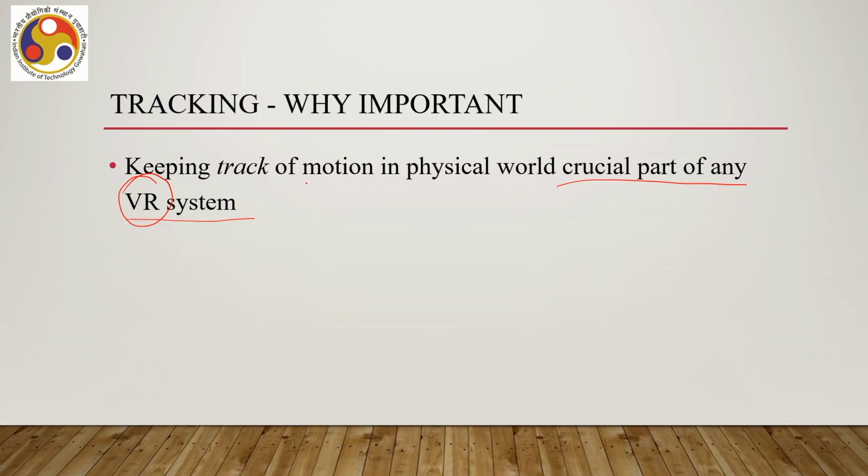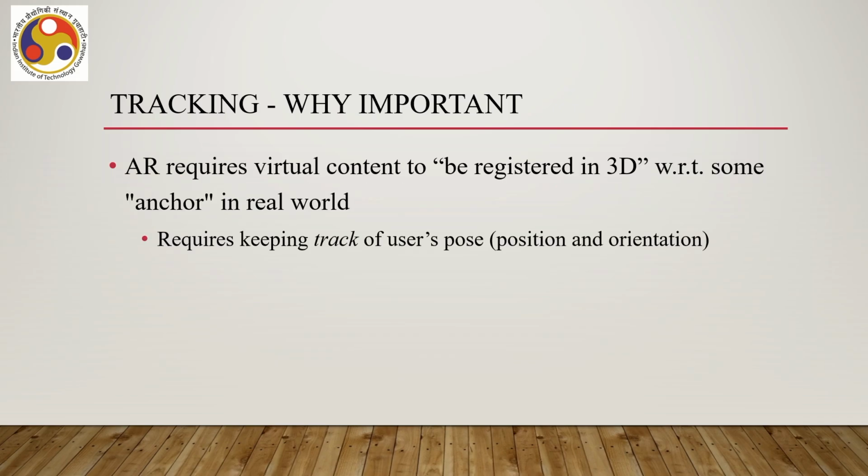In VR system, it is more about tracking motion in physical world, so that it can be translated to virtual motion in the real world, whereas in AR it is more about tracking objects, how they are moving from the field of view. So, AR requires virtual content to be registered in 3D with respect to some anchor in the real world.